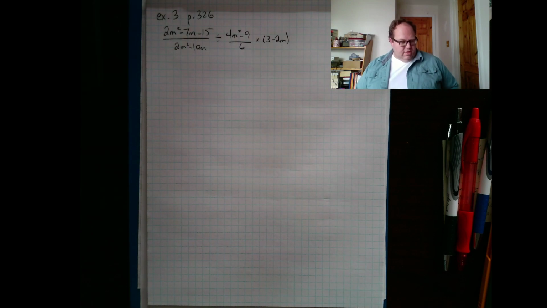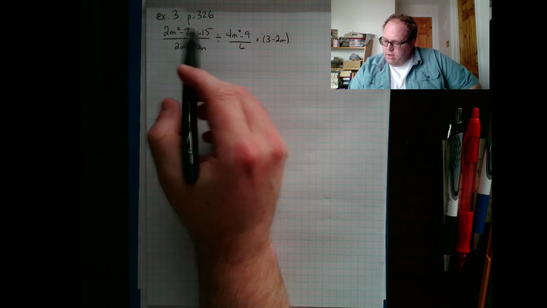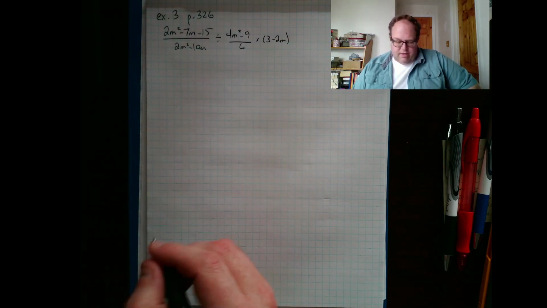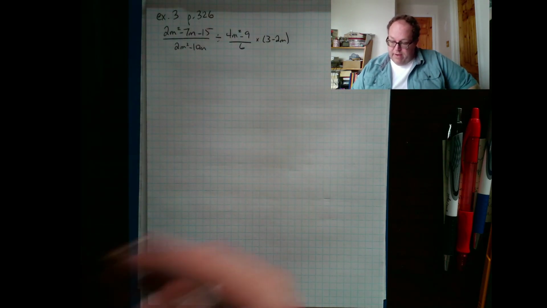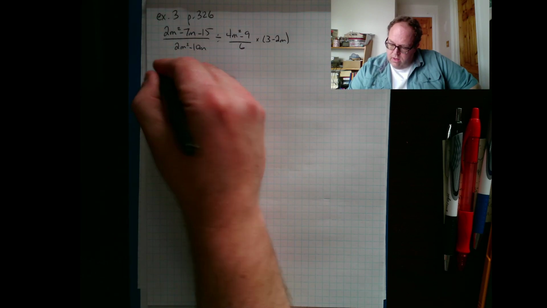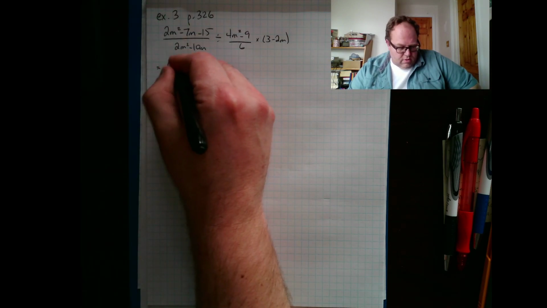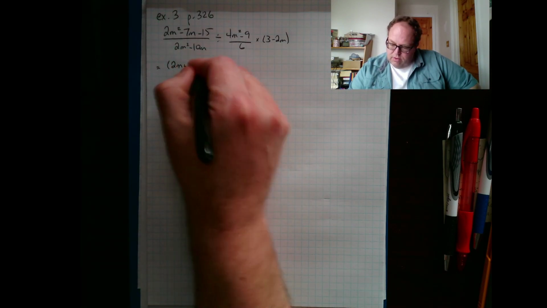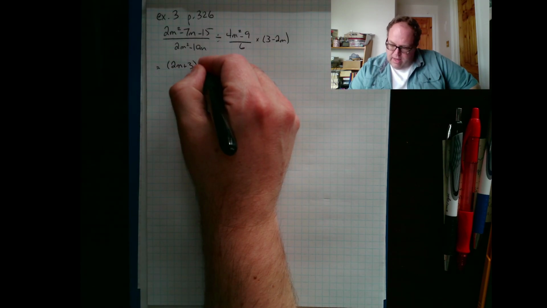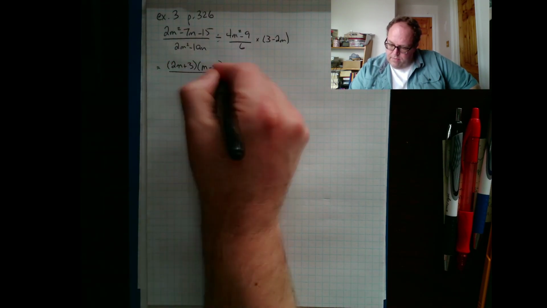So again, I'm going to start with factoring. 2m squared minus 7m minus 15, from your factoring rules from before, would be equivalent to 2m plus 3 times m minus 5.